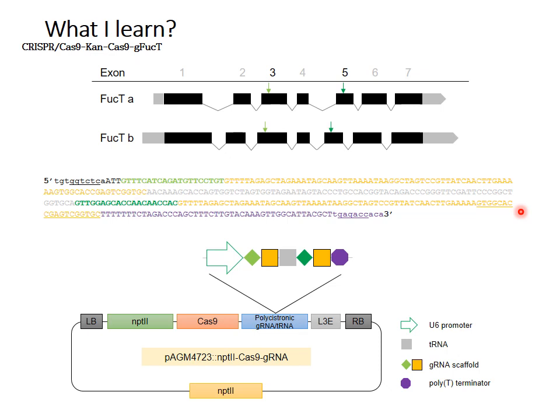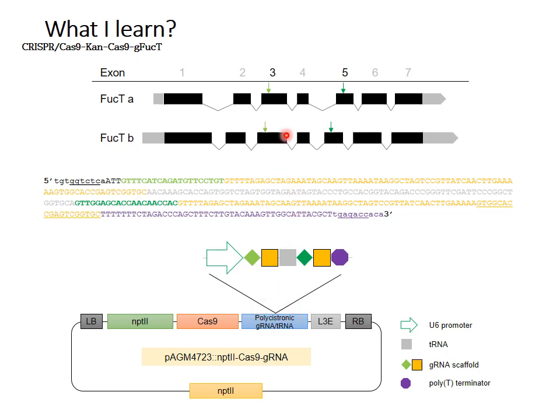Next, what I run. I'm using a CRISPR-Cas9 system to knock out two conserved fucosyltransferases, A and B. Vectors were designed by inserting guide RNAs corresponding to exon 3 and 5 into a polycistronic guide RNA region.